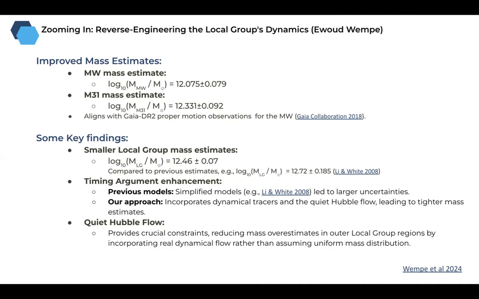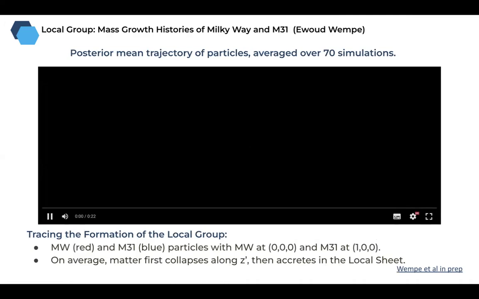But that largely ignores the impact of the environment, in particular the quiet Hubble flow surrounding us. And this has a large impact, and accounting for the actual large-scale structure in which the Milky Way and Andromeda are embedded has a significant impact on their masses and their dynamical behavior.